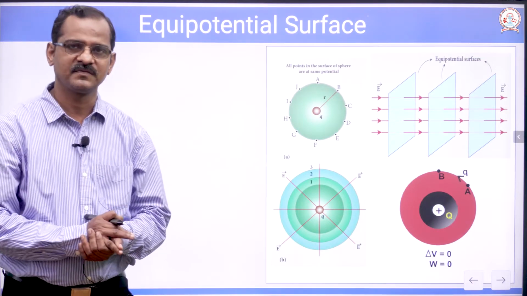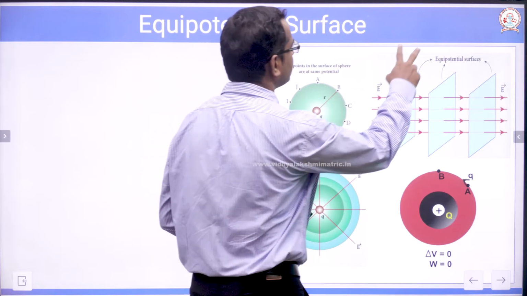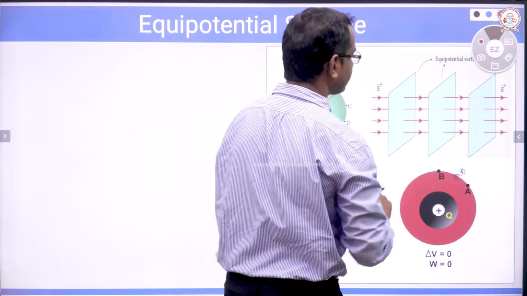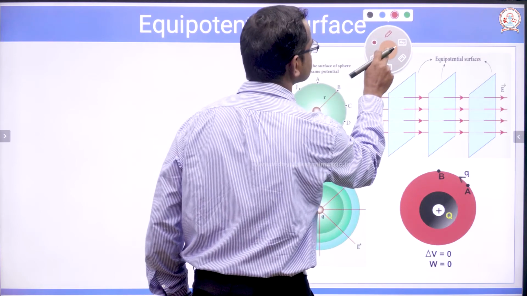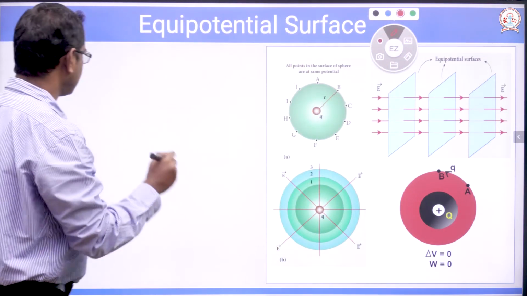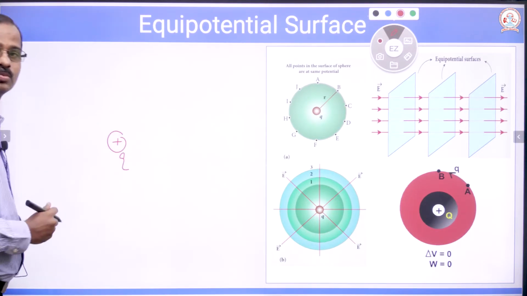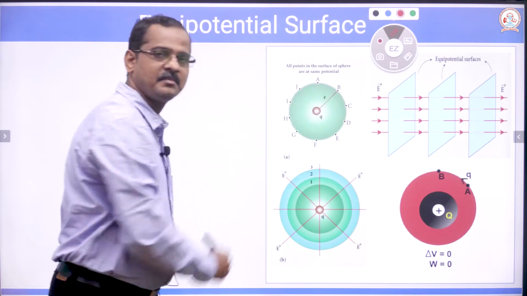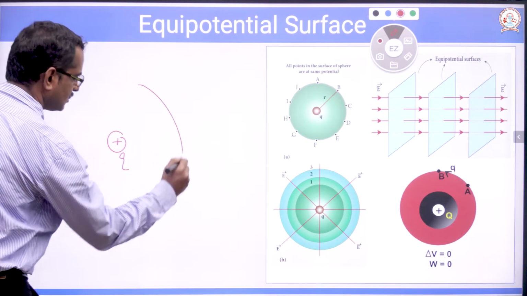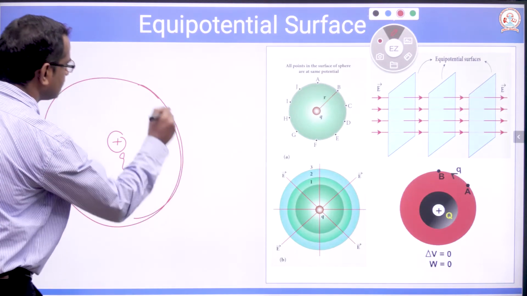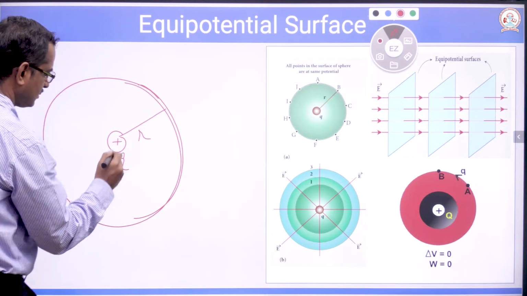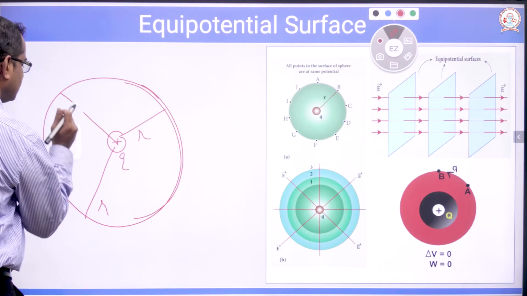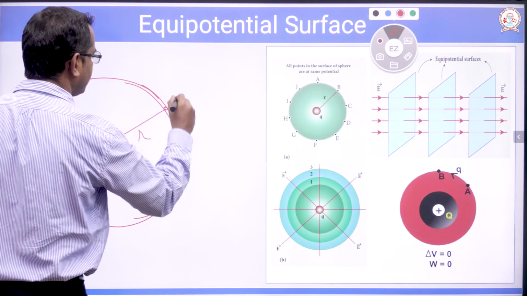If we imagine a charge plus Q here, and the points considered are at equal distance, the points A, B, C, D are all at the same distance R. Imagine a circle whose radius is R. This is also at a distance R, and this is also at a distance R. Consider any point A, B, C, anywhere.